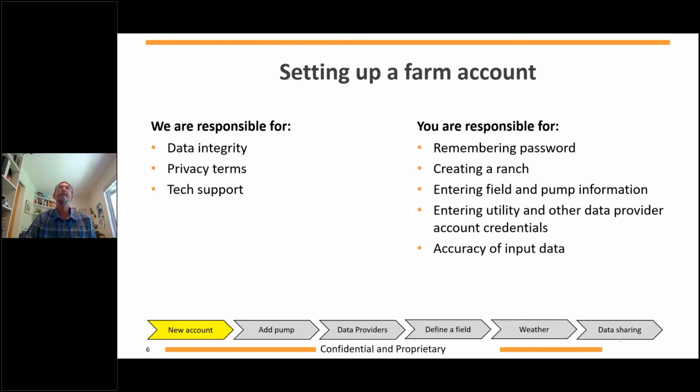As far as this farm account goes, we're responsible for data integrity, following the privacy terms, and tech support. If you run into any problems, we'll help you with tech support. But the user is responsible for the password, creating ranches, putting the assets on those ranches like fields and pumps, and making sure that the data they put in there is accurate so that the digital model is useful.